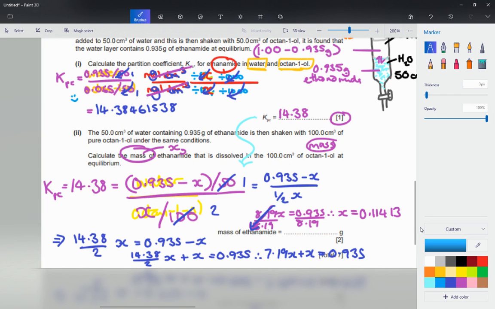So my final answer, just going to make it very clear in the box, 0.114 grams. And the grams is given already. Minimum 2 significant figures. Error carried forward, but there are no errors with this one.